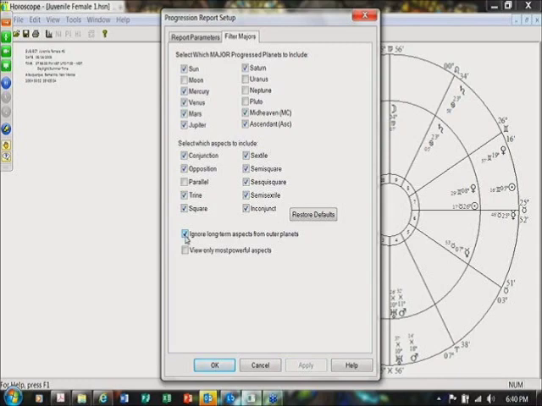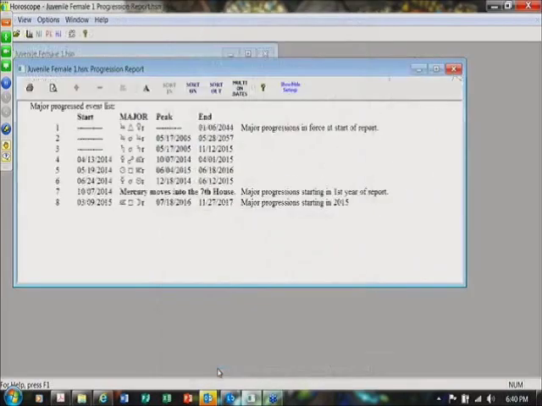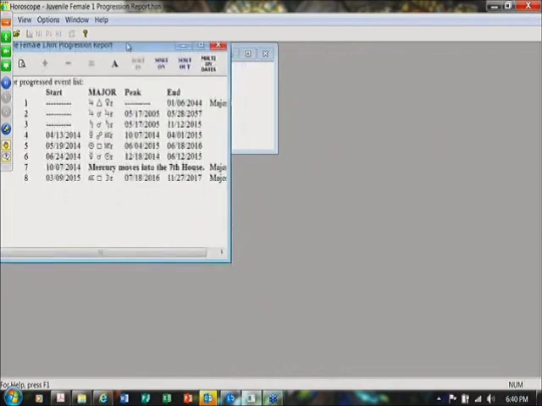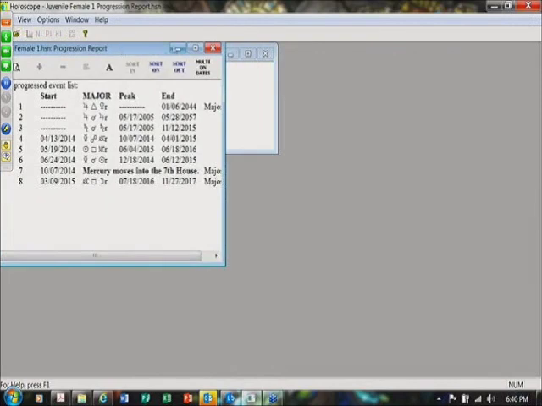And it's like having a program playing in the background throughout your entire life. And then I like to look at only the most powerful aspects, but I include the sextile as being a powerful aspect. So then I'm going to hit the OK button. It calculates and shows us what aspects are currently in orb for juvenile female.